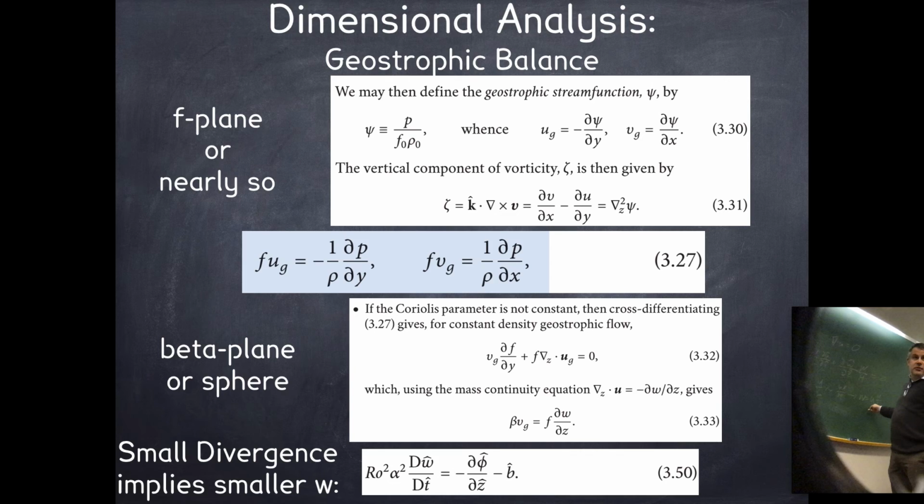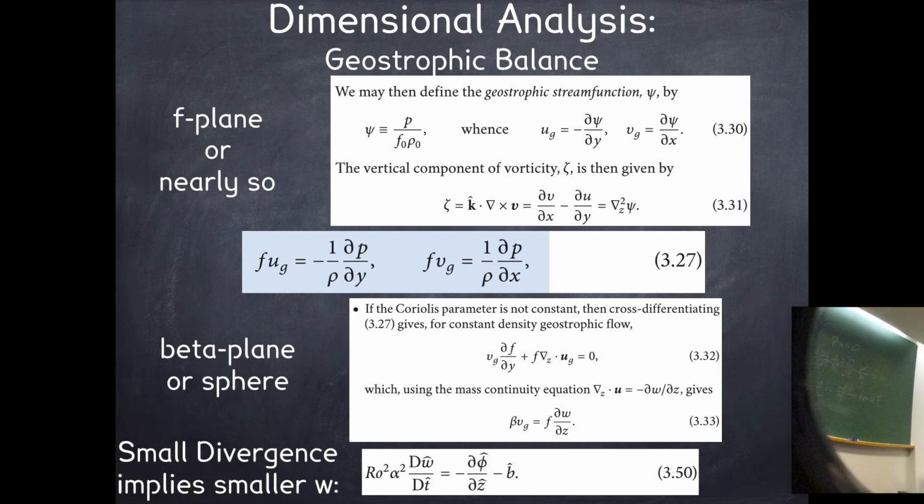Is this a good scaling? No. Because aside from the size of U and the size of L, if there's a near cancellation between these two terms all the time, this thing is going to be 0 at the leading order. This size will be smaller. And so that's the way that the scaling works out.